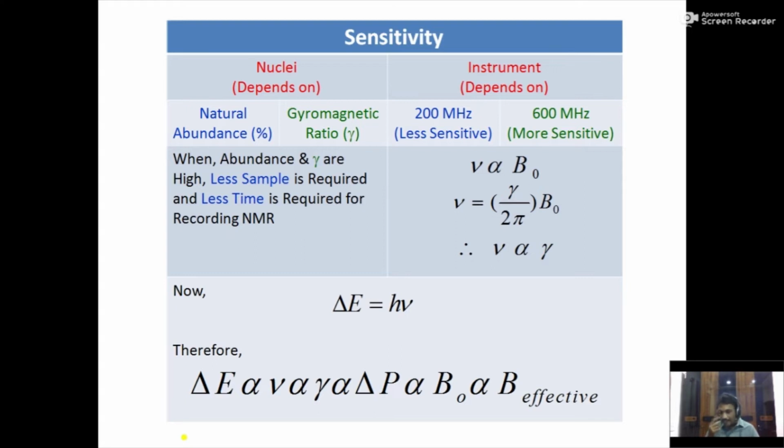The magnetic field experienced by the nuclei might be different from the applied magnetic field.